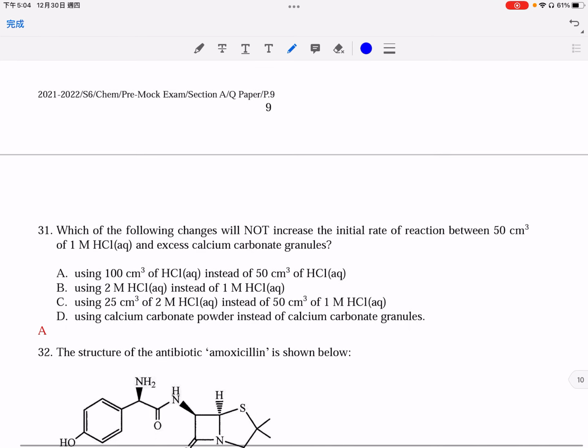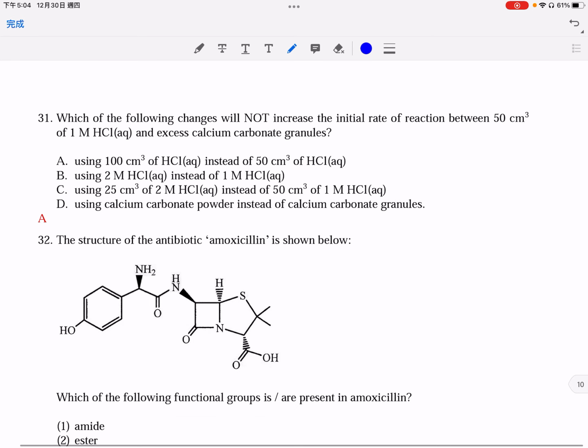Question number 31. Excess calcium carbonate granules, 50 cm³ of 1 M HCl.